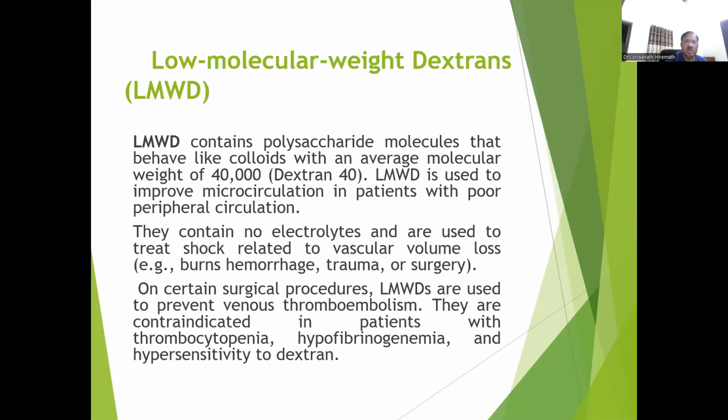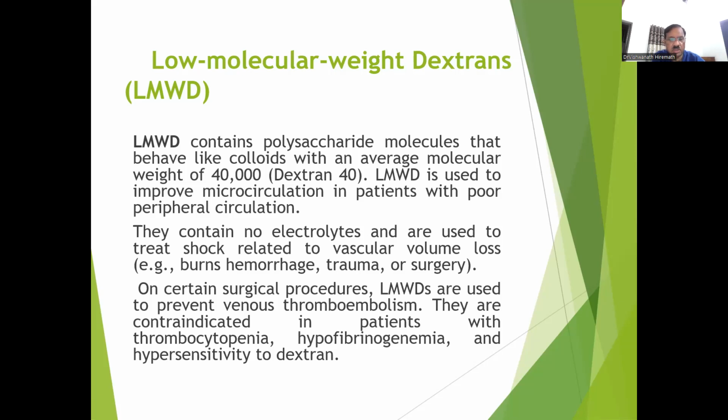Low molecular weight dextrans have a molecular weight of 40,000, dextran 40, used to improve the microcirculation in patients with poor peripheral circulation. They contain no electrolytes and are used to treat shock related to vascular volume loss, for example burns, trauma and surgery.